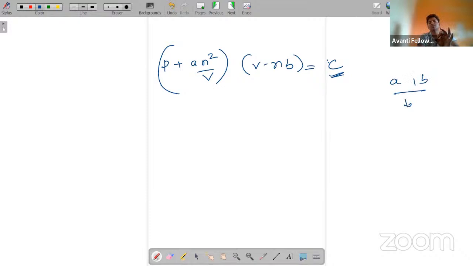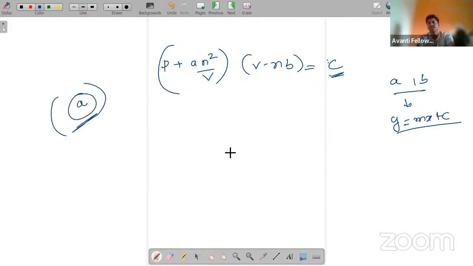It should come in the form of y is equal to mx plus c. Let's suppose I am ignoring A. What does A indicate here? Intermolecular forces. B indicates the size factor, or volume, but A indicates the intermolecular force.